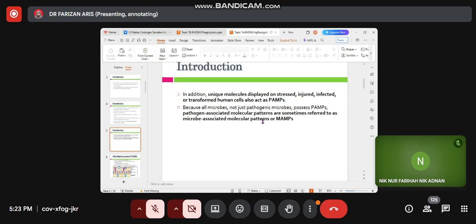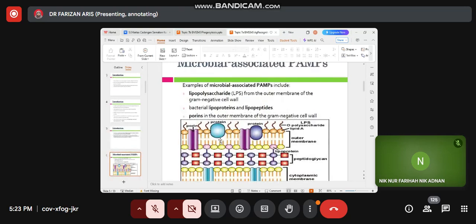Both the pathogens and the host tissues that have gone through alteration are referred to as PAMPs, a general term. But to differentiate them, normally for the pathogen, we call them MAMPs, microbe associated molecular patterns. So now you have understood how innate immunity recognizes the pathogen: they recognize patterns because they use unspecific identification.